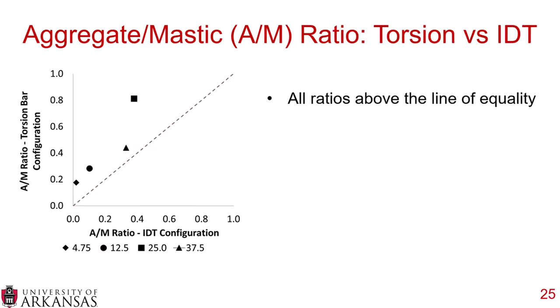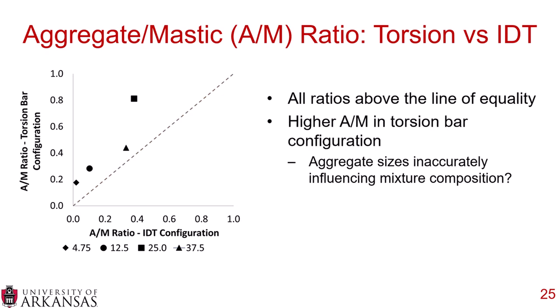And this really pops out also when we look at the torsion bar versus the IDT. So now we have the torsion bar A/M ratio on the y-axis and the IDT configuration on the x-axis. And all of the ratios clearly fall above the line of equality. And you have the higher A/M ratio in the torsion bar configuration.